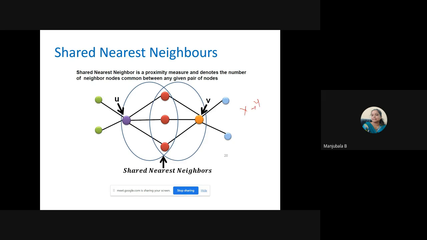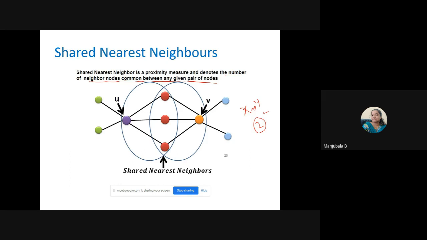The SNN value between X and Y data point will be the number of neighbor nodes common between them. Suppose 2 nodes are common, so the SNN value between X and Y is 2. In this way, you can represent a graph as an SNN graph.